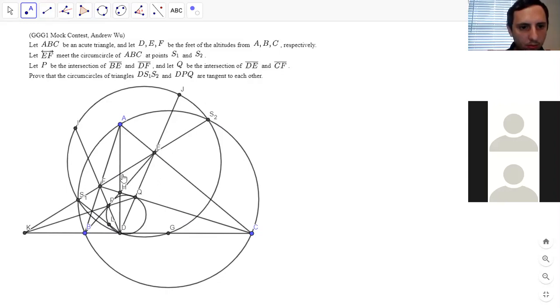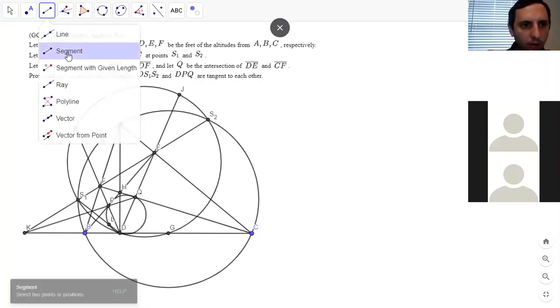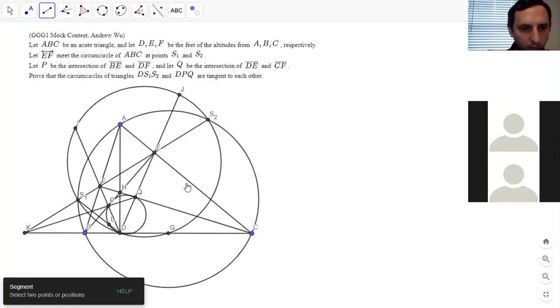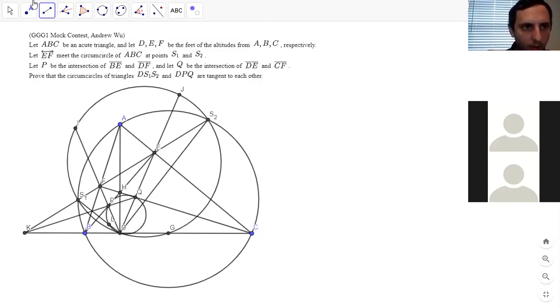DS2. Sorry, one second. So intersect what with ES? Oh, DS2. Sorry, my bad. I thought you said ES2. That's why I got confused. Can you let PQ and GS2 meet? Yeah, PQ and GS2. Oops. I think they concur on AC.